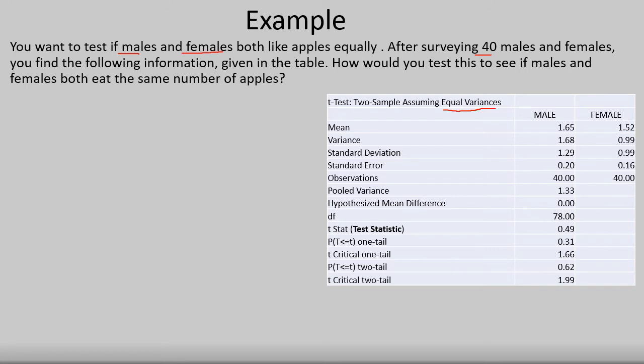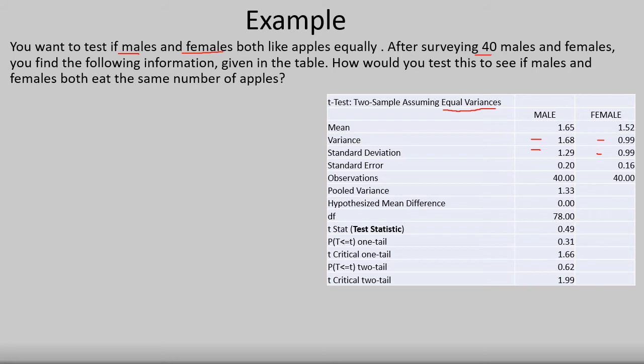The variance was found to be 1.68 and 0.99 for males and females, and the standard deviation was calculated by taking the square root of your variance. So 1.68, taking the square root of that, gives 1.29, and females are going to have roughly the same because it's basically taking the square root of 1.